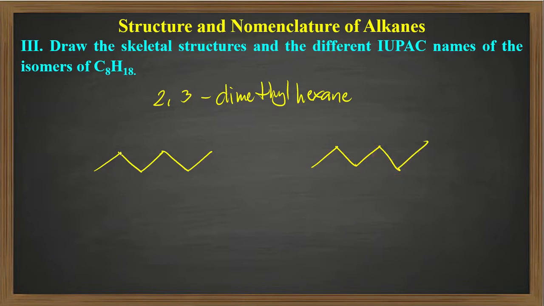So, we have a methyl on carbon number 2 and a methyl on carbon number 3. A methyl on carbon number 2 and a methyl on carbon number 3. They are still the same, their names too. 1, 2, 3, 4, 5, 6. 2,3-dimethyl hexane.